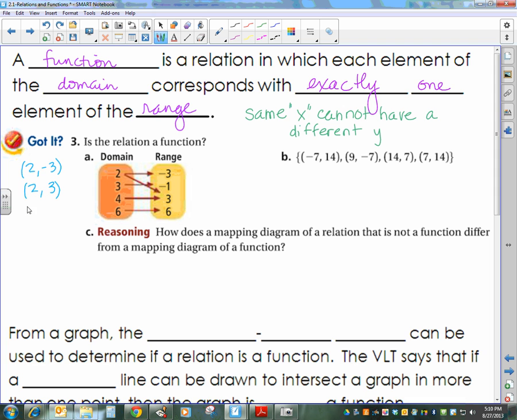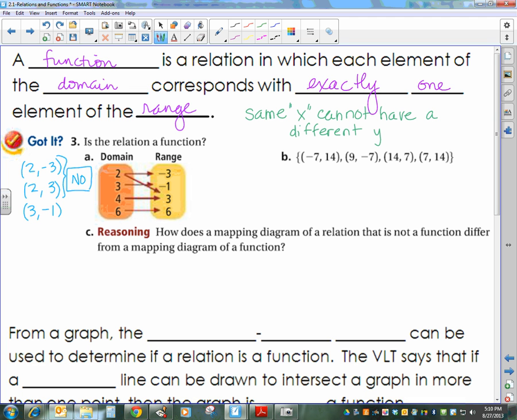And you can keep going. It says (3, -1). But the first two should be enough for you to realize the same x cannot have different y values. So is the relation a function? Absolutely not, because the same x cannot have different y's if you want it to be a function.